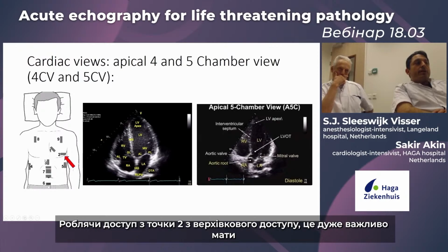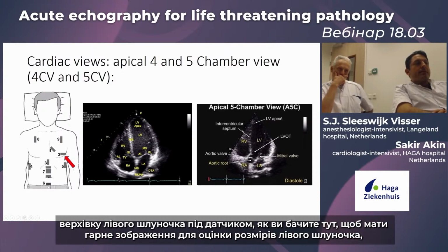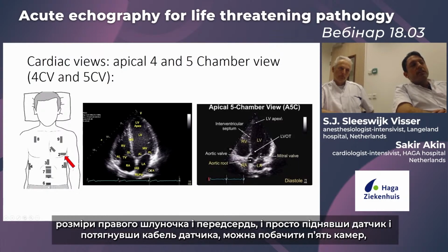By doing point 2, the apical view, it's very important to have your left ventricle apex below your probe, as you see here, to have a good image to assess left ventricle dimensions, right ventricle dimensions, and the atria.